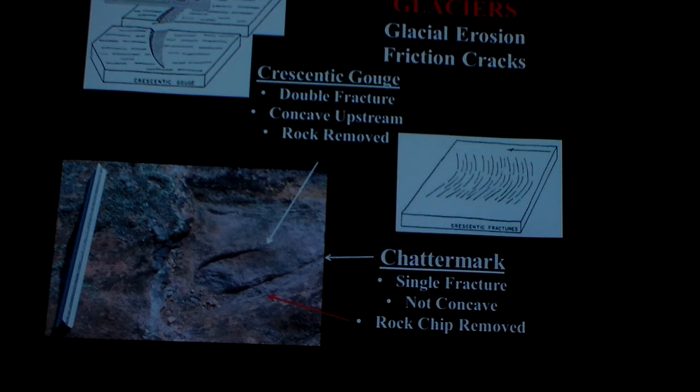And every time that it comes down, it just smashes into the bedrock, fracturing the bedrock, leaving these marks. So they're just chattering. And you can just see here where we've got different parts. Here we can see fracture with no rock removed. Here we can see where the rock chip has been taken out. So we kind of look at them in a couple of different perspectives.